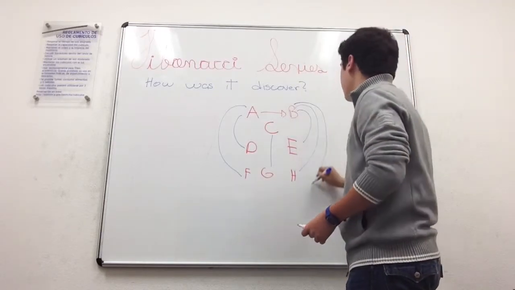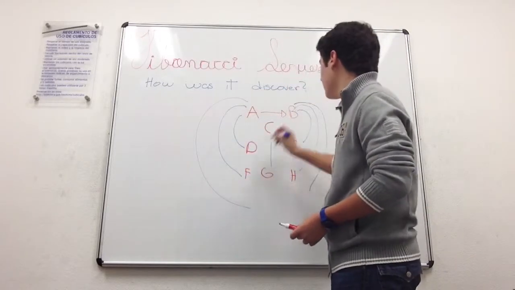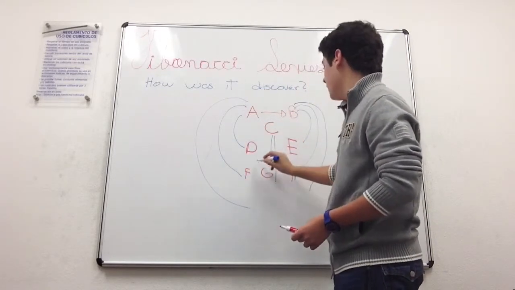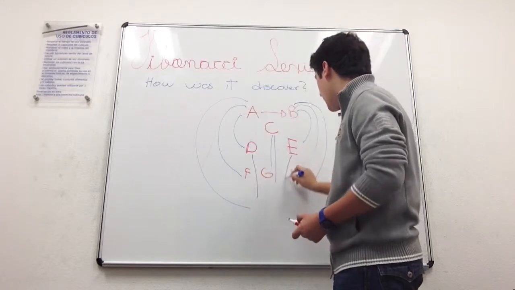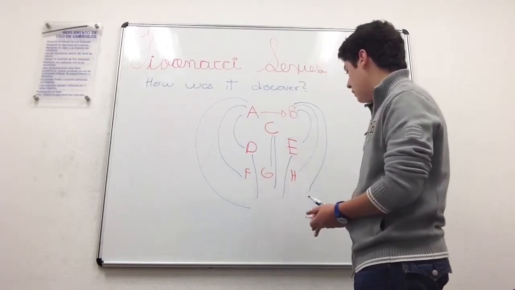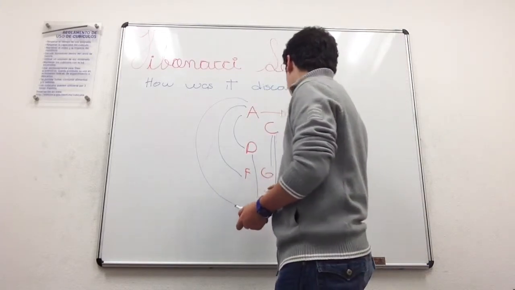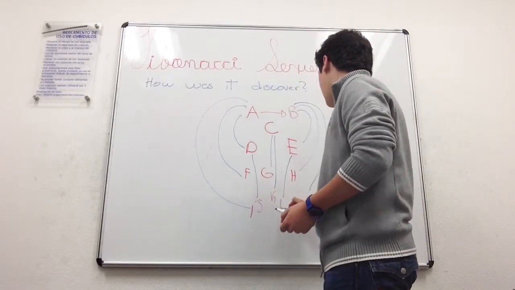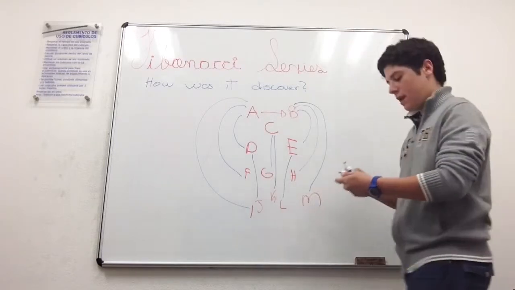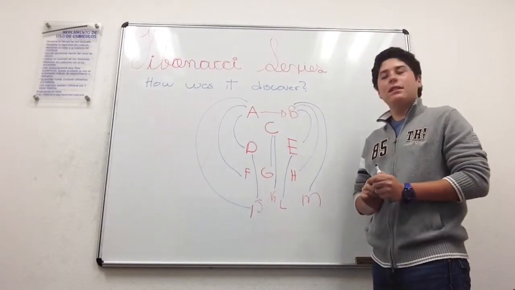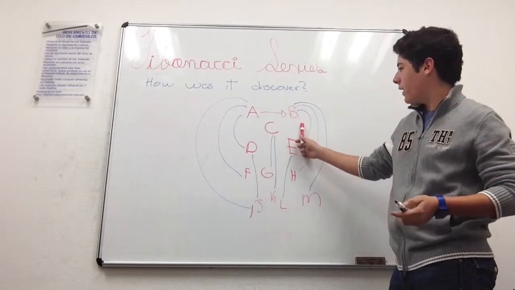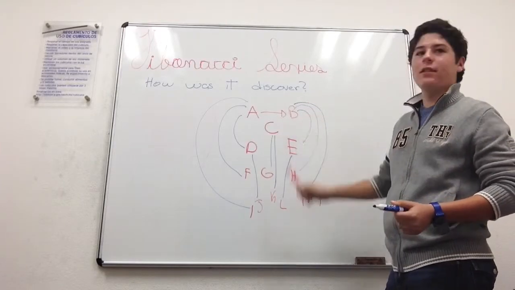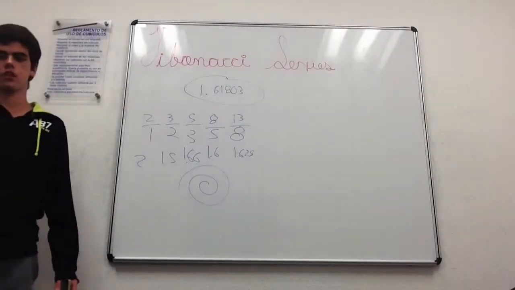So now it's B, A, C again, D, and E. So now it's I, J, K, L, and M. That's the sequence for the Fibonacci series.